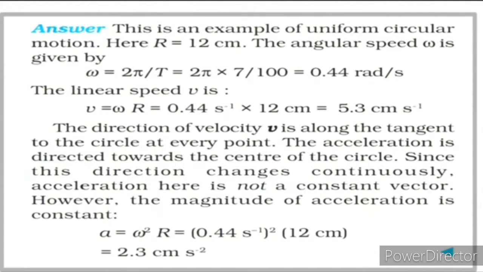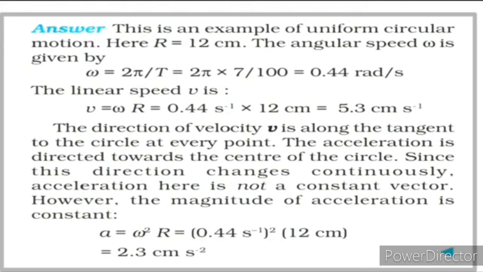So is it constant? Not like that, because throughout the motion the radius vector also is changing. That means its direction is always being changed, because the object is moving along the circumference of the circle. So the acceleration vector is not a constant vector. It is changing.